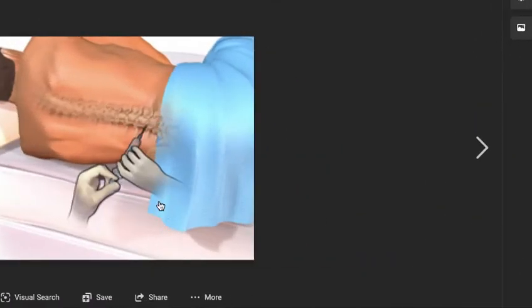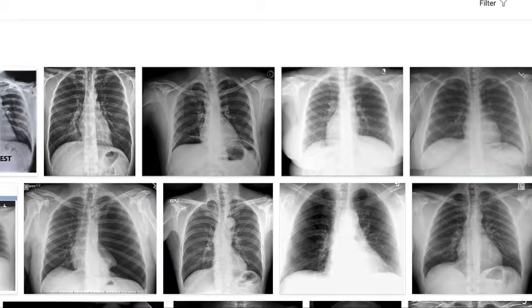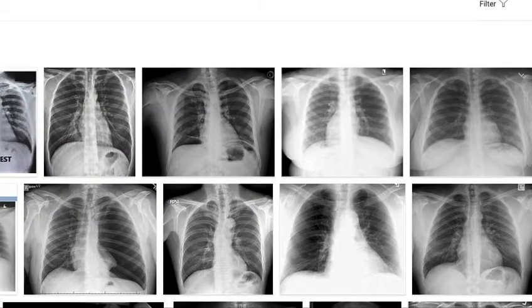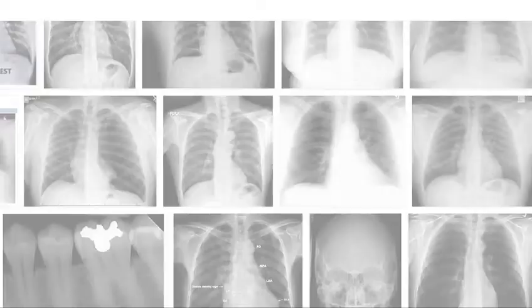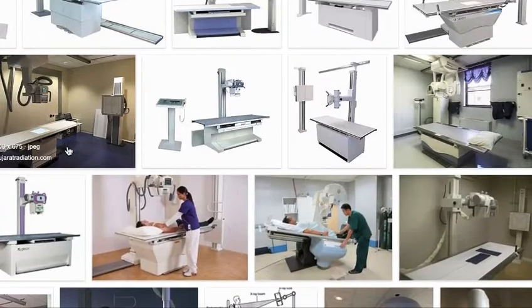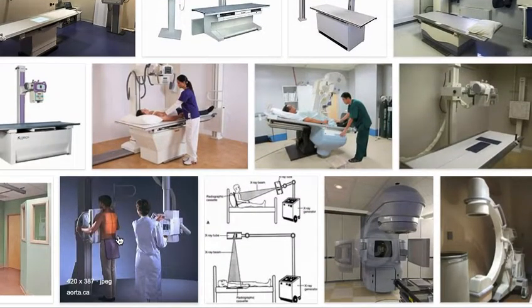I want to show you over here a PA view X-ray. See, these are all posterior anterior X-rays. Maybe they will show us how they take the X-ray. Yeah, like this one.